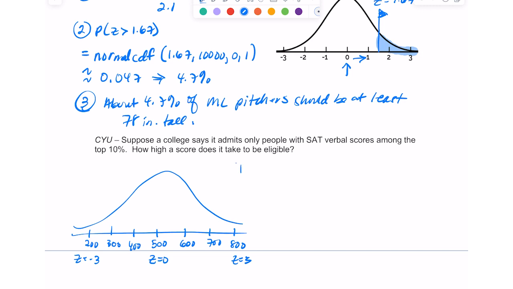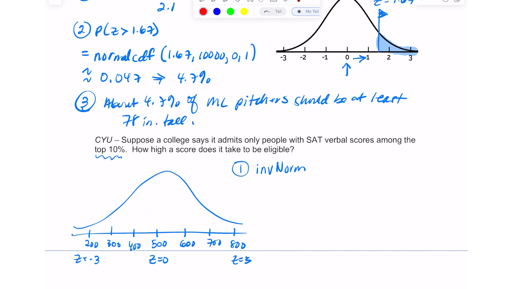So what I need to do is utilize a different command on the calculator, and it's called inverse norm. Okay, and it's in the same place you get normal CDF. So the thing is, I need to figure out top 10%. If you're thinking of top 10%, you're not going to be down here at 10%. You're going to be up here. So what would be the area to the left of that?